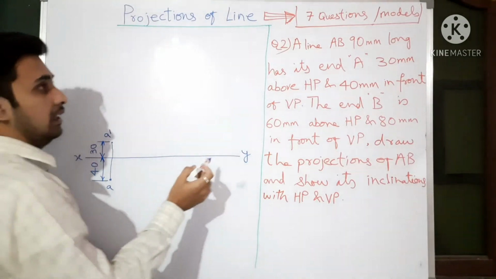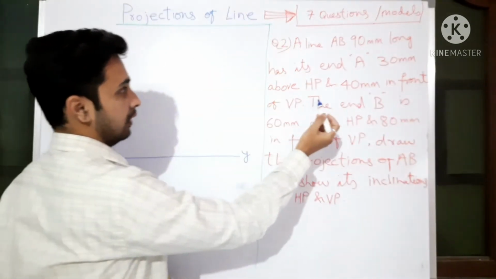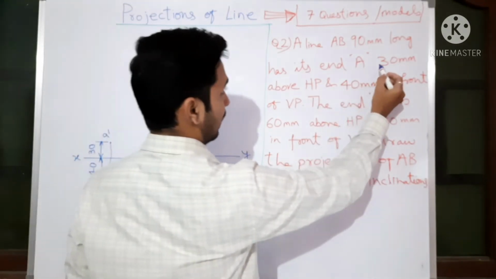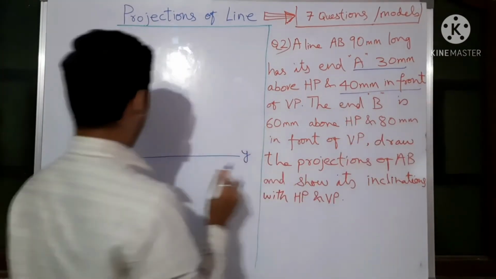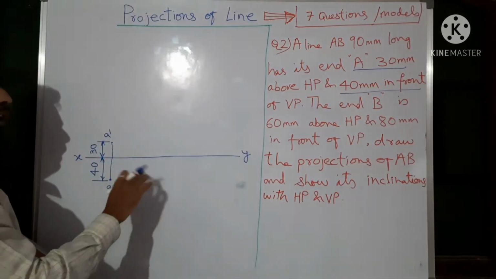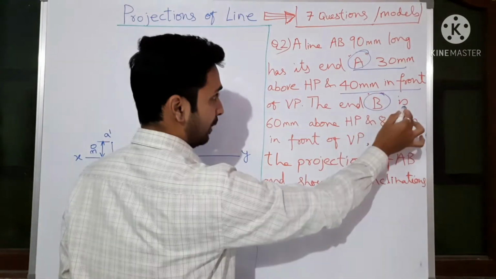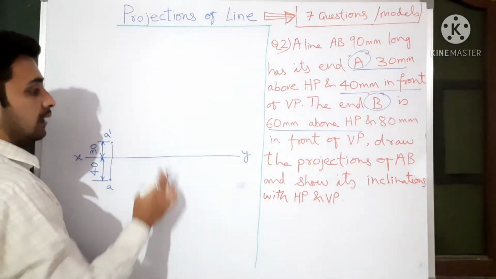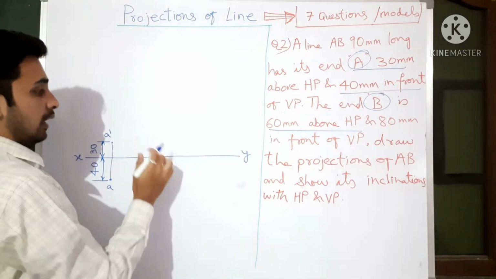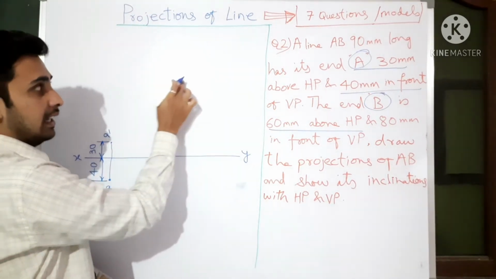Instead they have given the other end B. A is 30 mm above HP and 40 mm in front. Now we go to end B. B is 60 mm above HP, so let us locate end B. We don't know where it is.